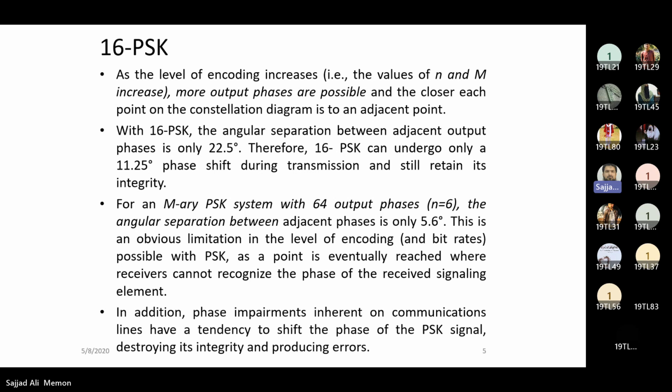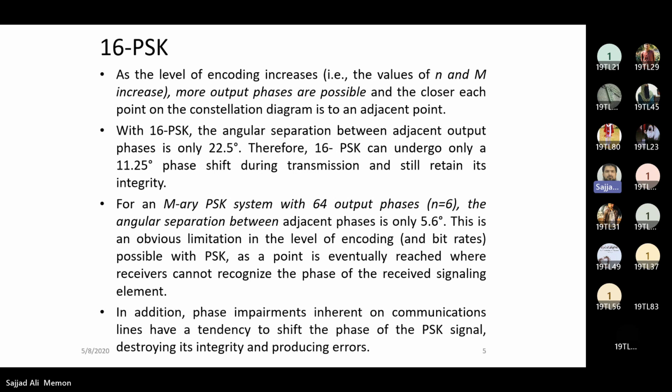In addition, phase impairments inherent in communications lines have a tendency to shift the phase of the PSK signal, so this could destroy its integrity and produce errors. Impairments means factors that affect the power of the signal, and they also include interference.